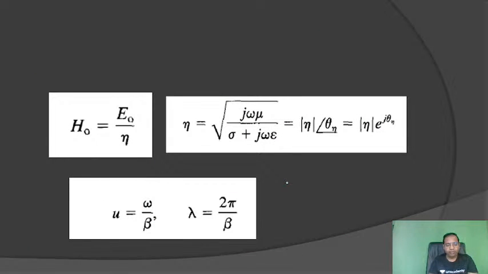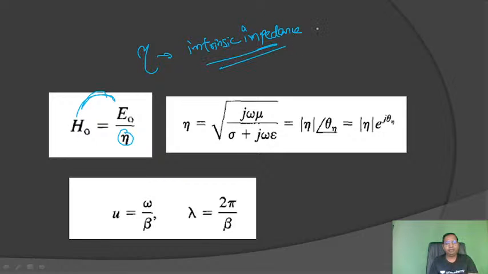Now, the relation between H naught and E naught can be given like this, with respect to eta, where eta represents the intrinsic impedance of the medium, depending upon the conductivity, permeability and permittivity.